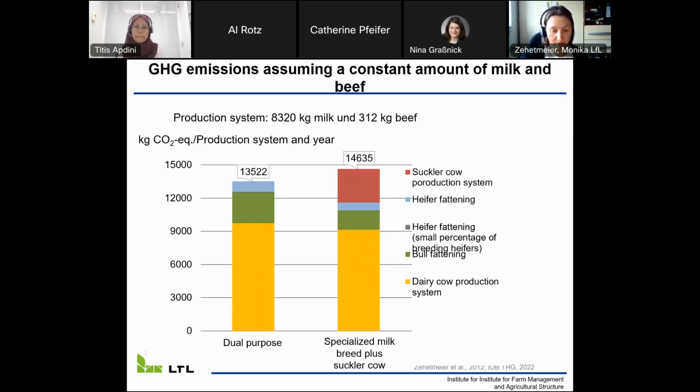And I think this is very similar to what Catherine has told us at the beginning. If you link milk and beef production, it's a very efficient way to produce milk and beef. But at the dairy farm gate and from an economic perspective, it's not shown on this border of the tools. So you have to move the long way till the end of the fattening of the calf that this potential is shown.